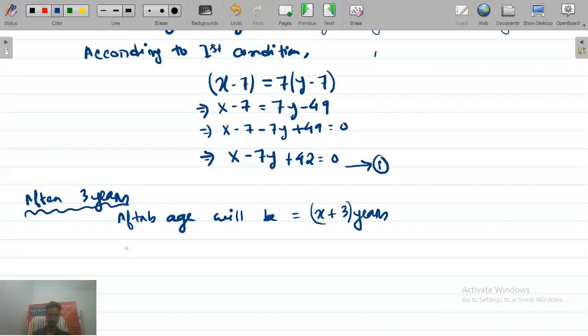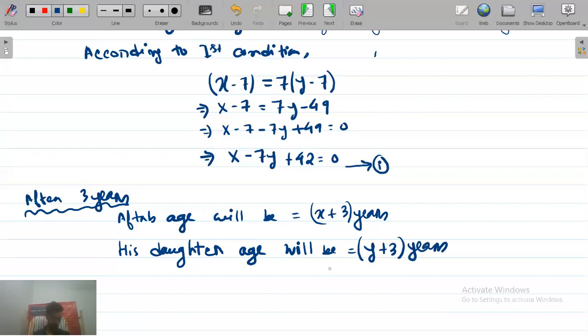In the same way, his daughter's age will be y plus 3 years.